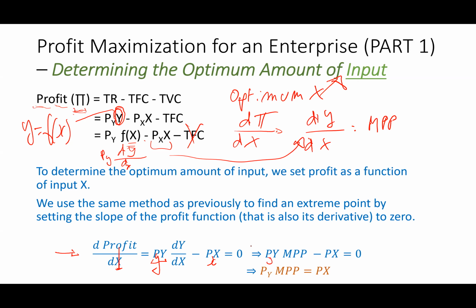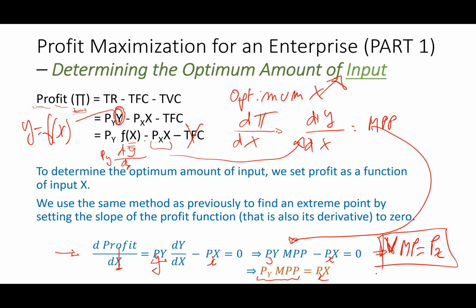We have PY times, as I showed earlier, the marginal physical product, minus PX, equals 0. So PY times the marginal physical product, which we call the value marginal product, equals PX. And so this is the condition for input optimization.